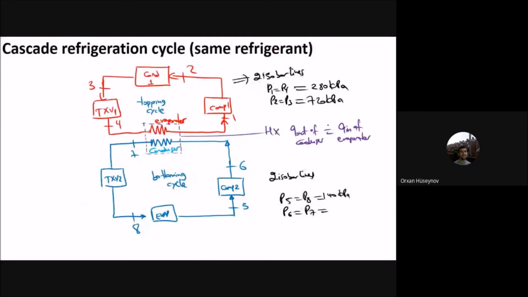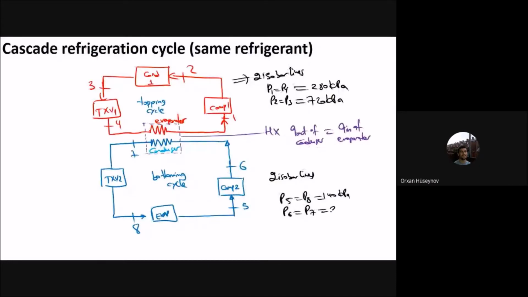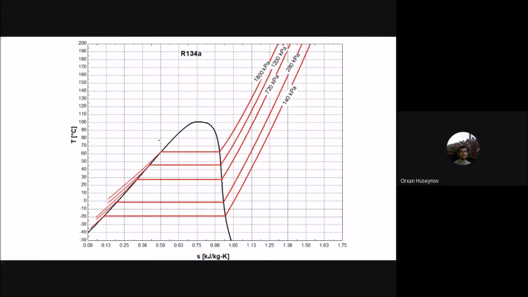P6 and P7, I will take the same pressure here, 180 kilopascal, but you can take any pressure. It can be different because here there is no mixing. Okay, this one is an indirect heat exchanger.